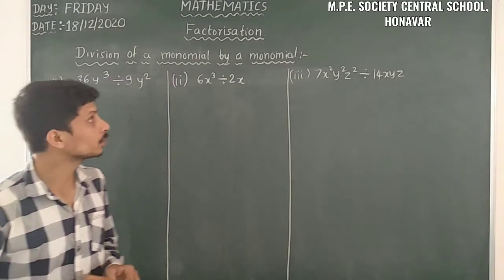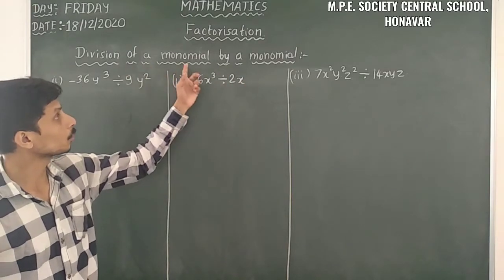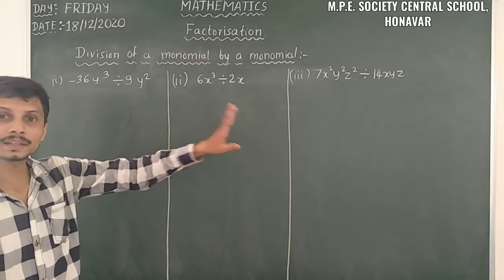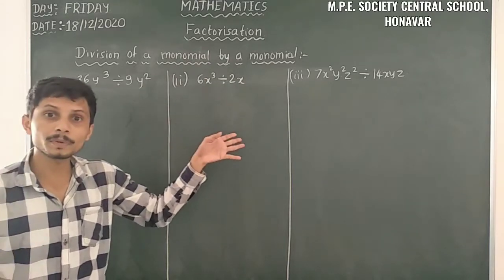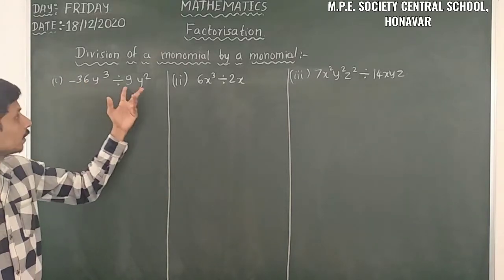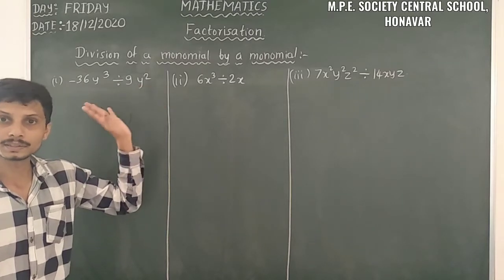Here we have to divide a monomial by a monomial. There are three examples, so just observe whether they are monomials or not. Observe 36y cube, that is a monomial, and 9y square. It is a product, that's why it is a monomial.